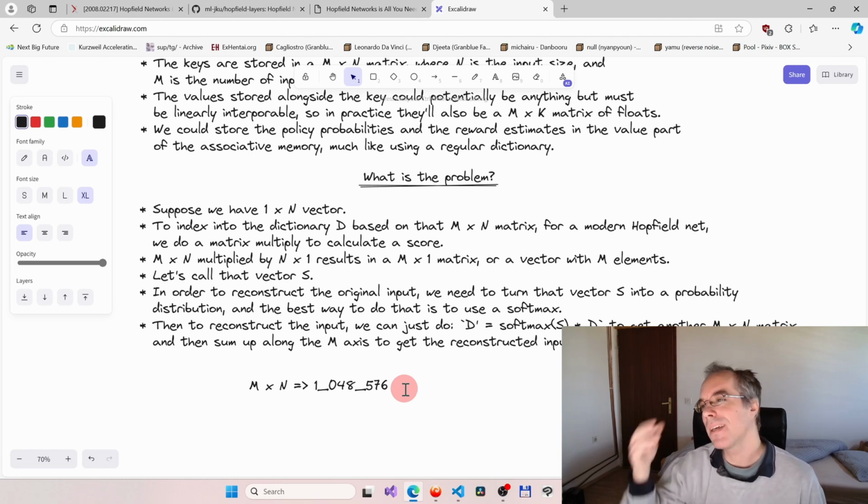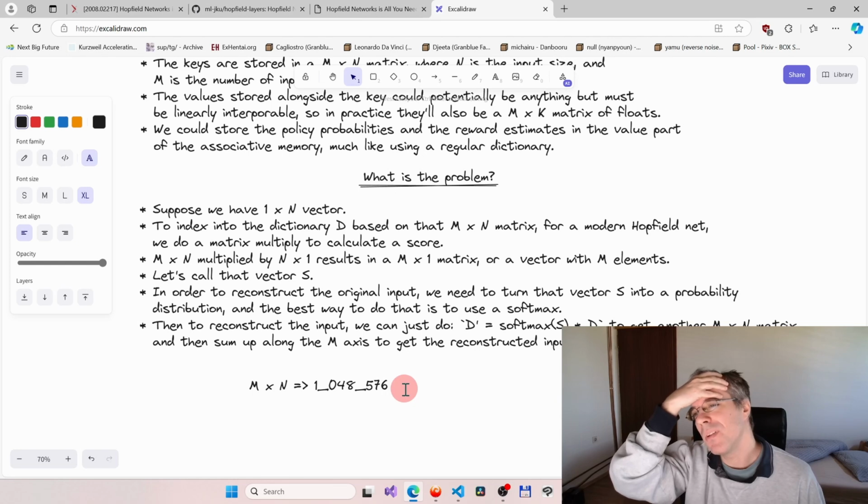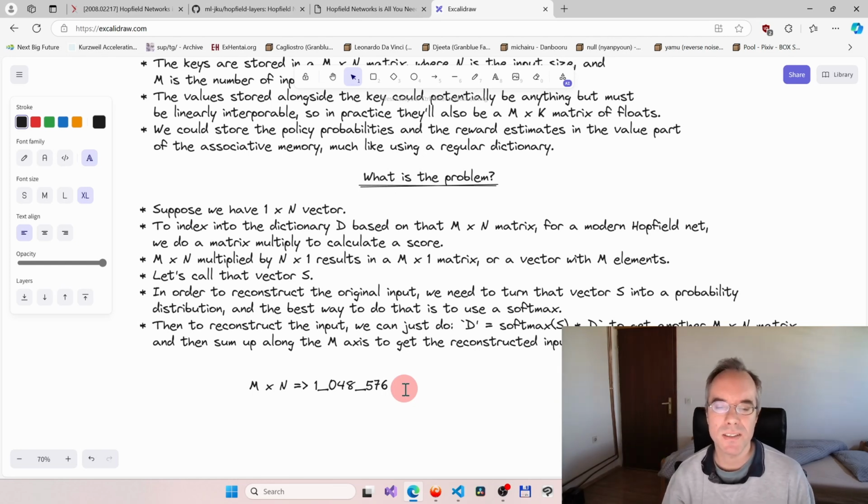When I look at a number, I actually have difficulty figuring out what its scale is, unless it's something like 1,000 or 100 or 10. But it's kind of difficult for me to just look at a number and see whether it has 8 digits or 9. So that's why I'm putting the underscores here. And the n here will be, let's say, 512. So we can store all the inputs into it.